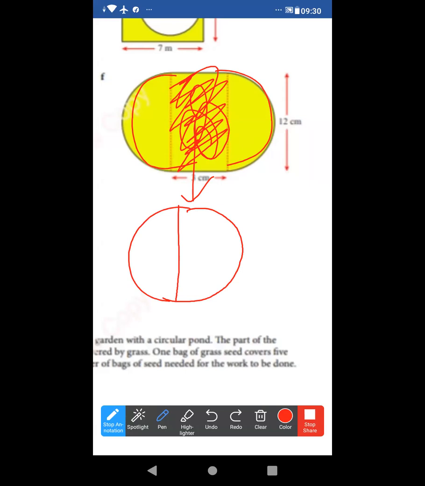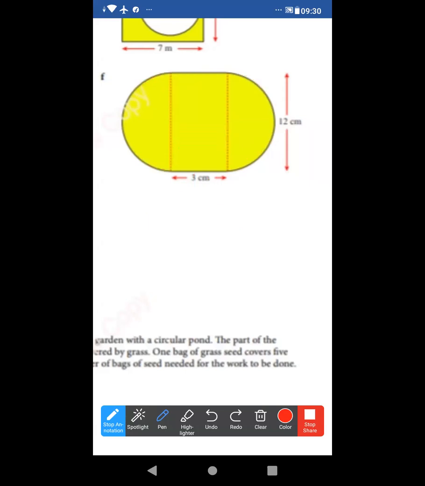Now just look. Just name it A1. At first, all of you draw the figure first. The value of A1 and A3 will be the same. Exactly. A1 plus A3 means the area of a full circle.